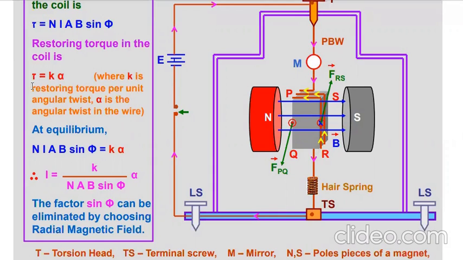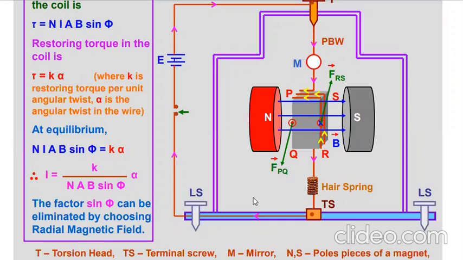This elastic force also produces a torque, and we know that elastic force is directly proportional to the angle of twisting. So here tau is proportional to alpha. Alpha is the angle of twisting of the wire. So tau equal to K alpha, where K is the proportionality constant, also called restoring torque per unit angular twist, and alpha is the angular twist in the wire.